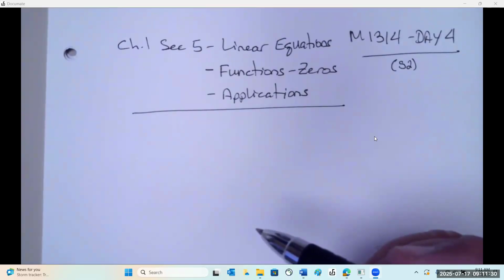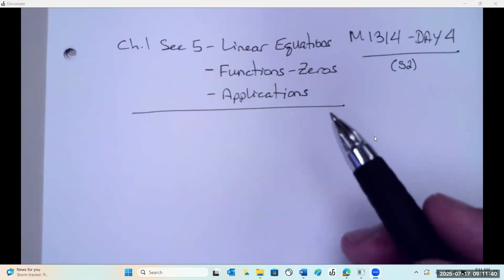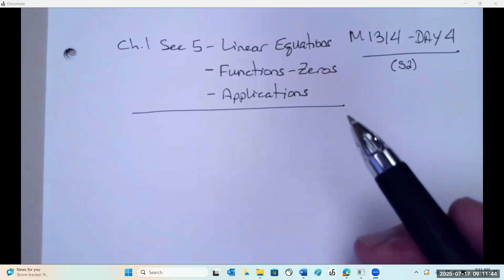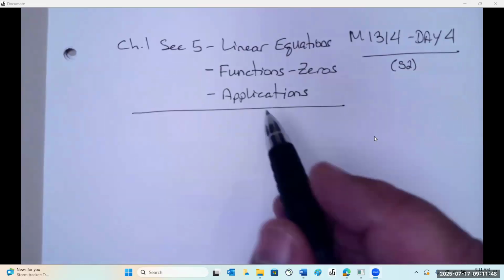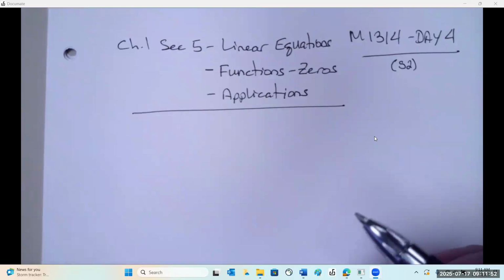We talked about it way, way, way long ago, yesterday. It's a one-to-one correspondence, meaning that for each x value, there's one and only one y value. The graph, if you draw a vertical line, if it touches it more than once, it's not a function. So functions and equations are synonymous.